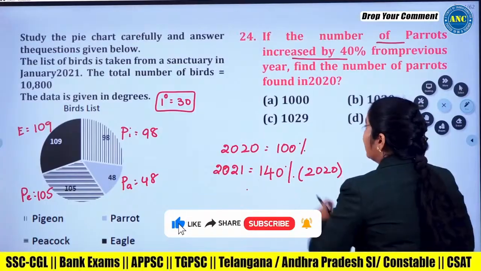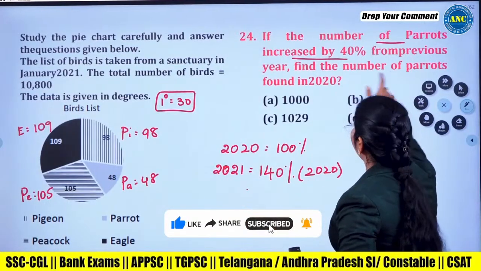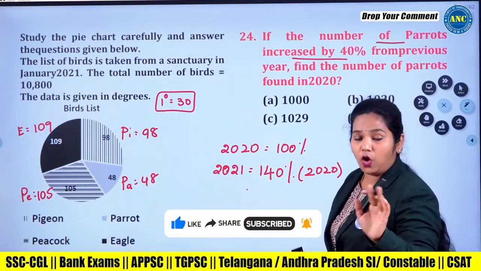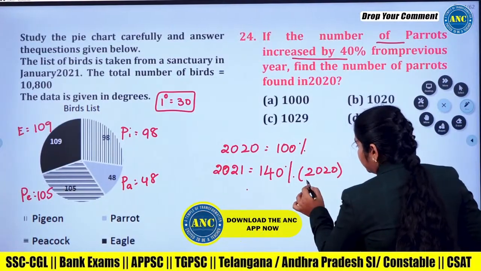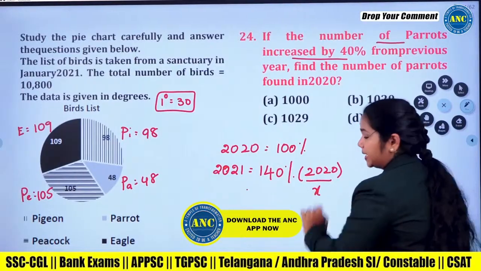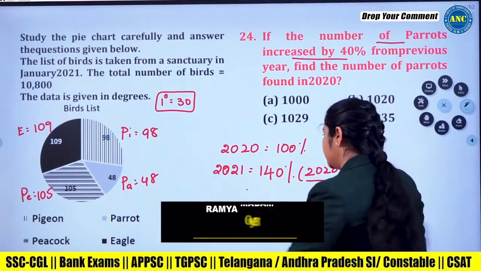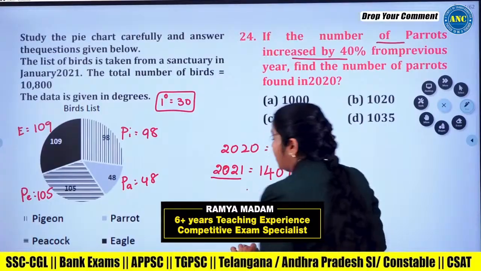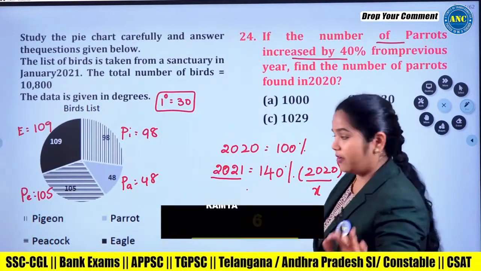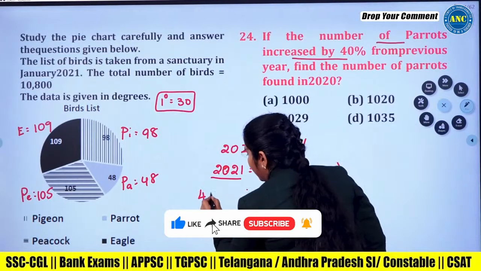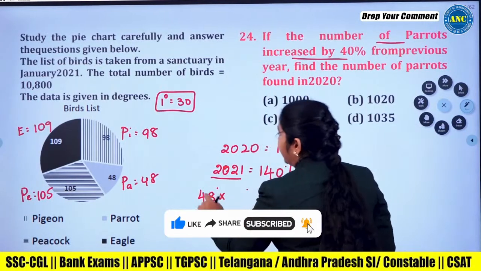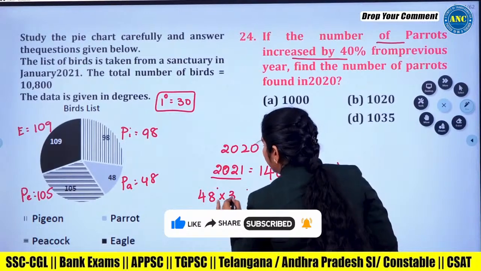But here anyhow they are asking us to find the number of parrots in 2020. So we don't know the value of parrots in 2020. So we consider the value as x. And in 2021 we know the number of parrots. How do we know the number of parrots? We have parrots degree, and into 30 we can calculate number of parrots: 48 degree into 30.